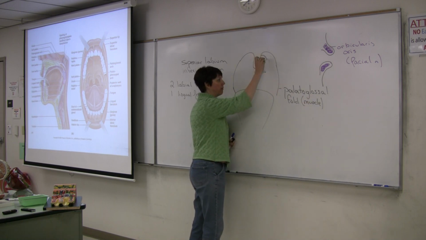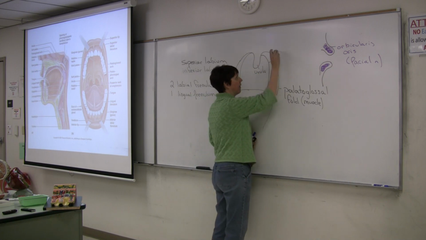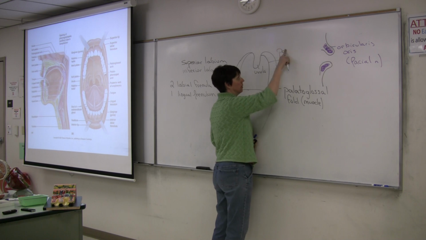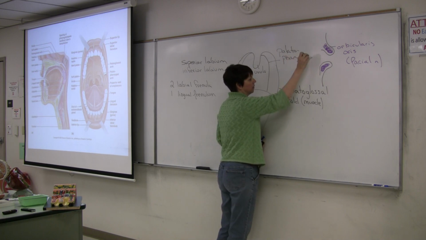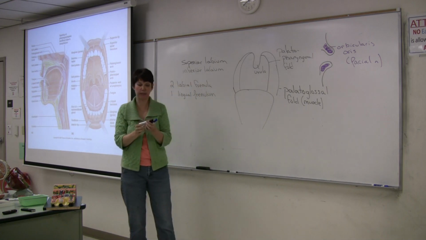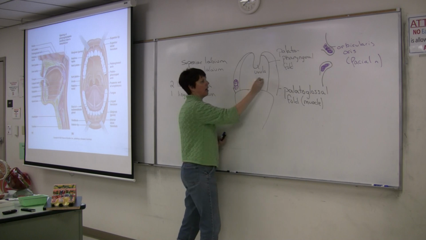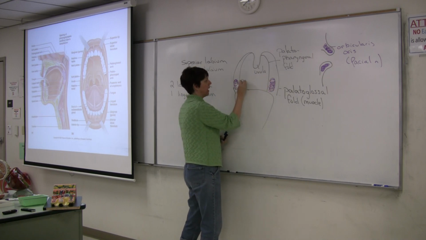And then from the soft palate to the pharynx, we have the palatopharyngeal muscle. And as we learned with our immune system, the tonsil that's found between those two is the palatine tonsil.